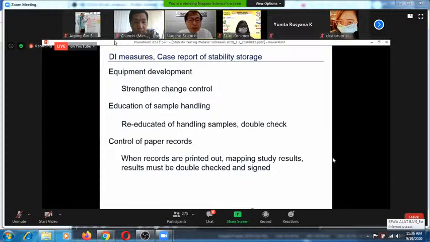We also provide education on sample handling, and we always do stability testing samples by double check. Also, as I said, paper records are usually done by double check, including mapping study results and some validation records. Thank you. That is the end of my part.